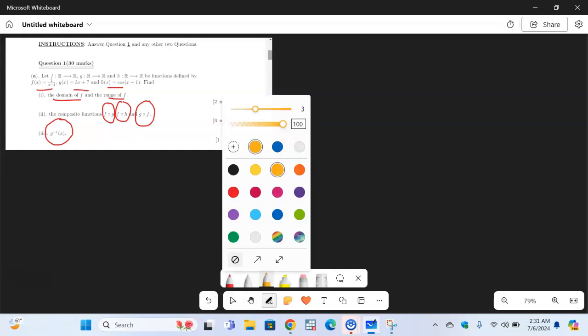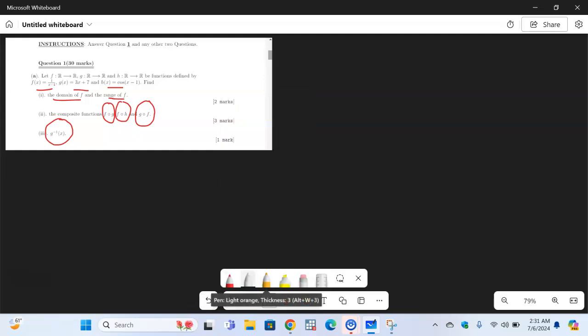So we have this. We're supposed to solve whatever we've been given. So we start off by first outlining the functions.